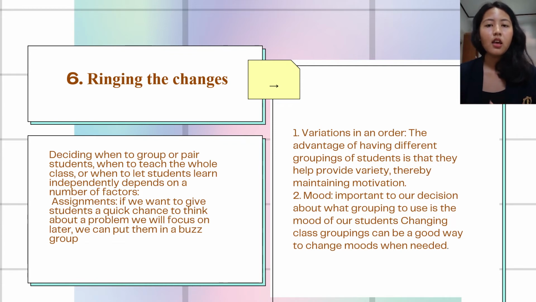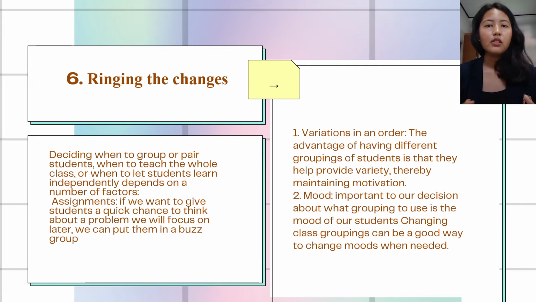The task. If we want to give students a quick chance to think about an issue which we will be focused on later, we may put them in buzz groups where they have a chance to discuss or buzz the topic among themselves before working with it in a wider grouping.